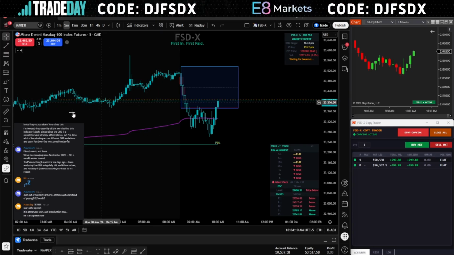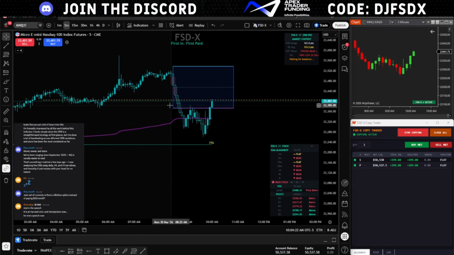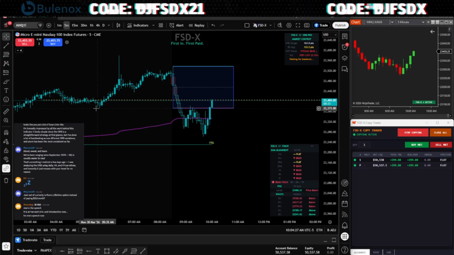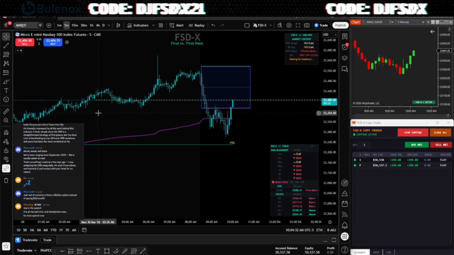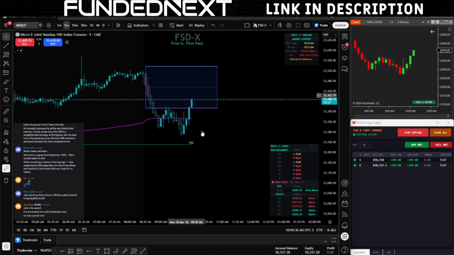So we do have this level right here, an SBR, support becomes resistance level. It's kind of minor, but let's see if we go through here and see what we do.